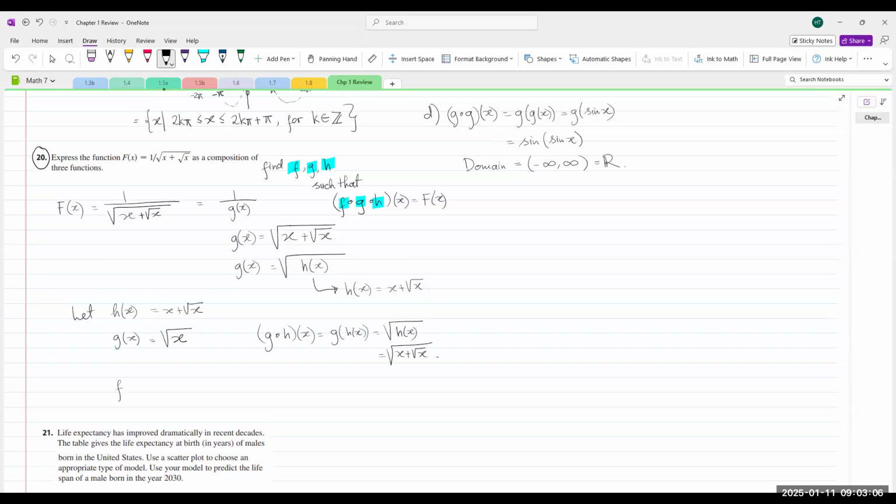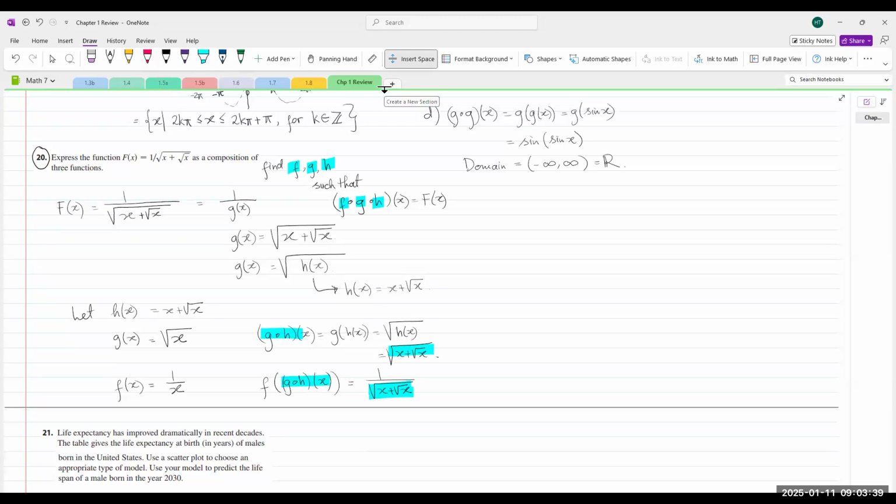Now, my f(x) equals 1 over x. Notice that f of g compose h of x, the guy that we have up here, is equal to 1 over the square root of x plus the square root of x. Okay, so those are the functions.